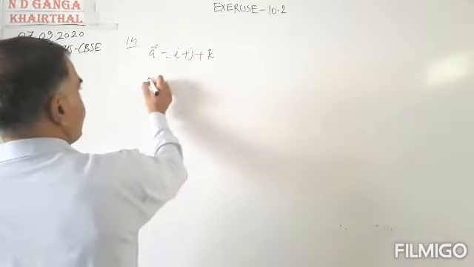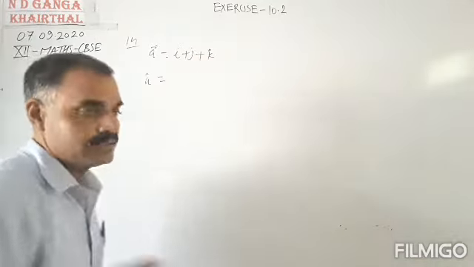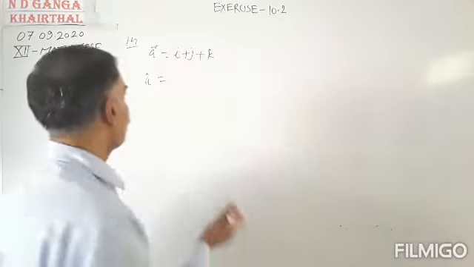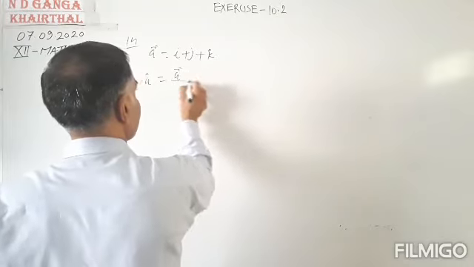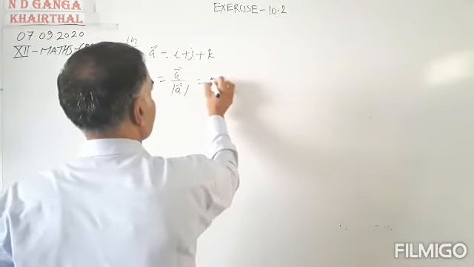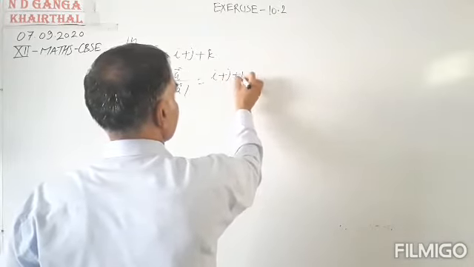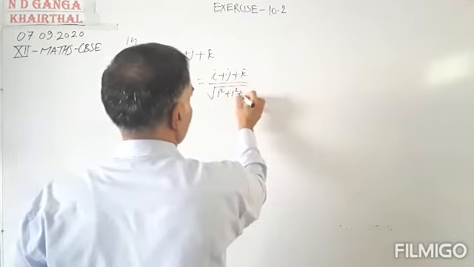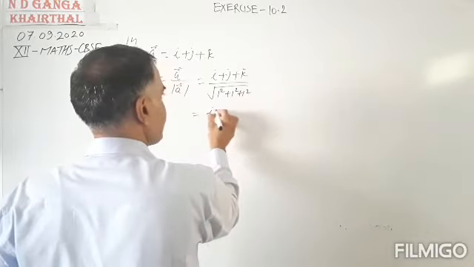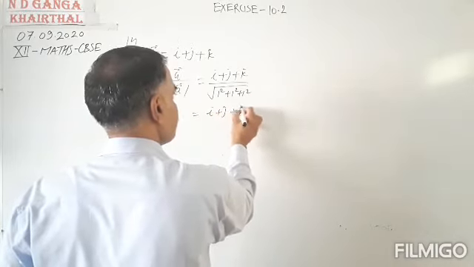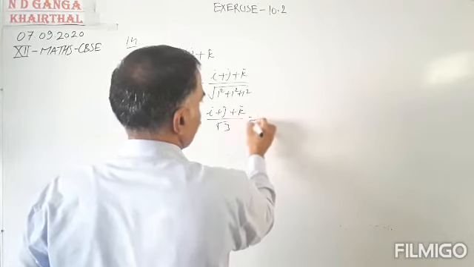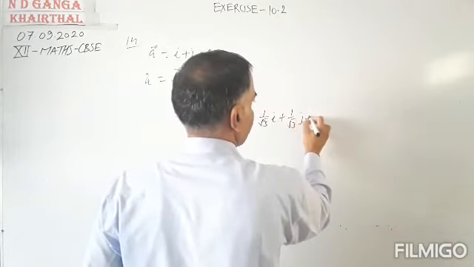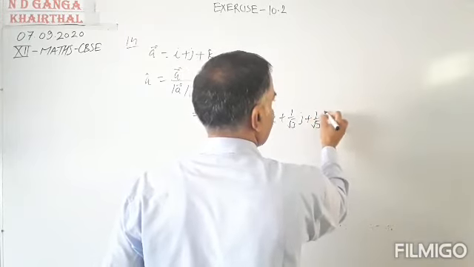Okay, so direction cosines are the components of the unit vector. A cap equals A vector divided by the magnitude of A vector, which means i cap plus j cap plus k cap divided by under root 1 square plus 1 square plus 1 square. So i cap plus j cap plus k cap divided by under root 3, that is 1 upon under root 3 i cap plus 1 upon under root 3 j cap plus 1 upon under root 3 k cap.